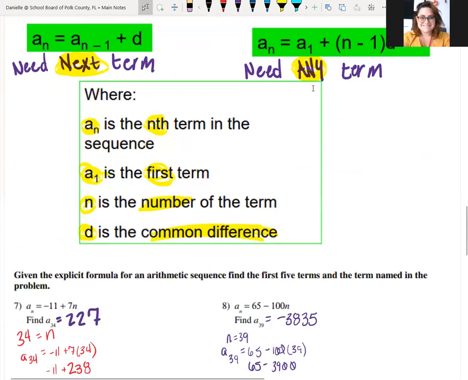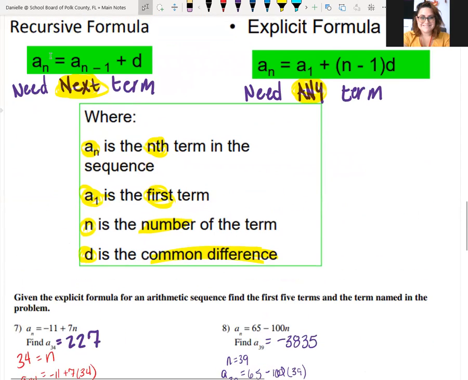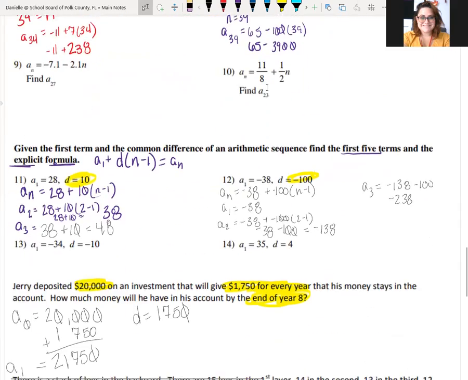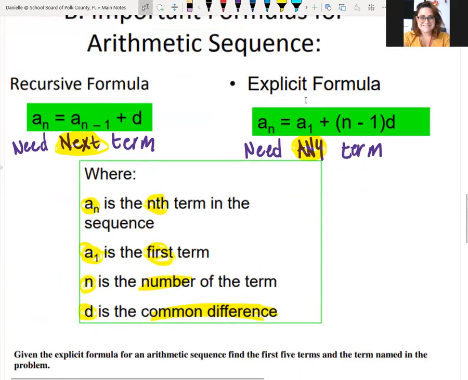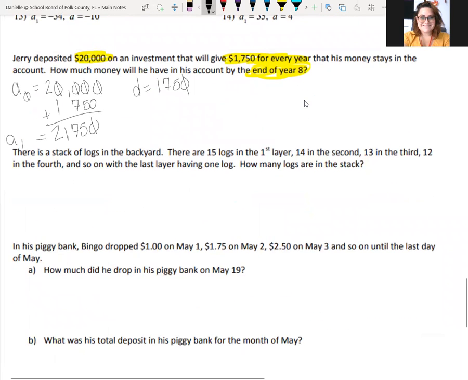We could use the recursive formula or the explicit. We could just sit there and add that number every time, but using our explicit formula makes it a lot easier because I have a sub 8. Actually, we'll do a sub n right now.